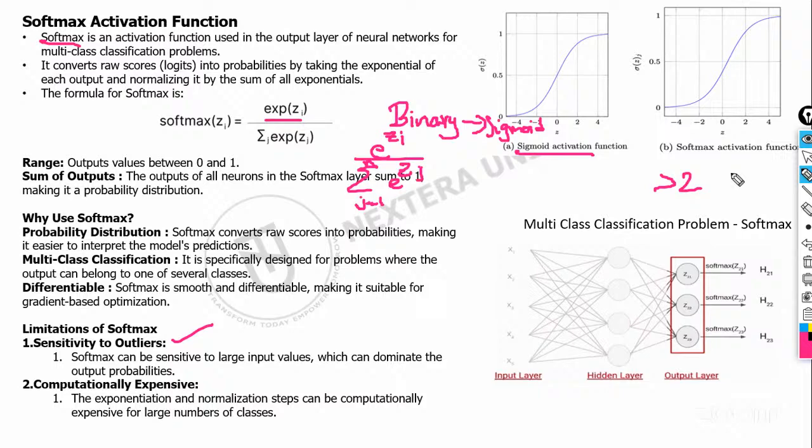But if you take other activation functions, Tanh, then ReLU and its variants like ELU and leaky ReLU, all of them will be generally preferred in hidden layer neurons. So within hidden layers, we use activation functions like Tanh, ELU, ReLU, leaky ReLU.